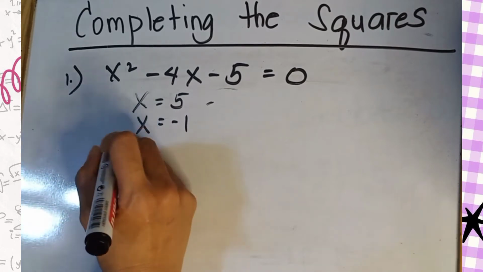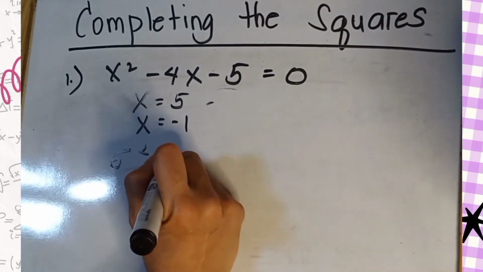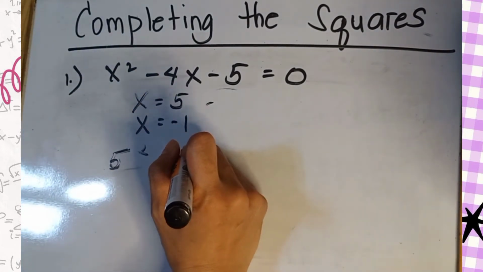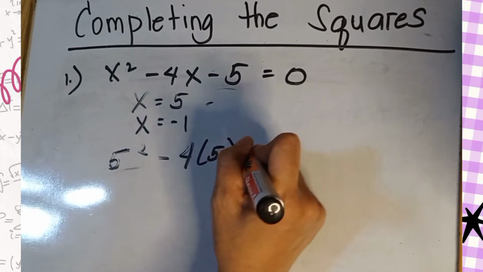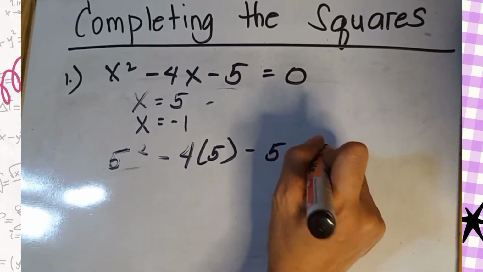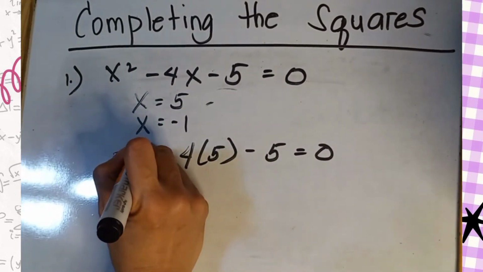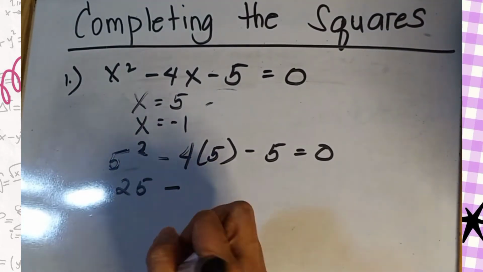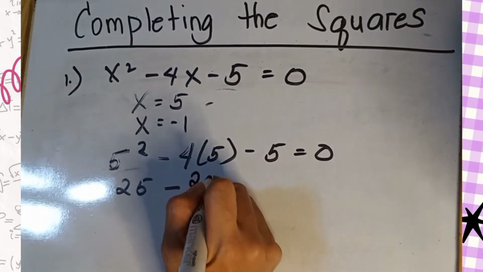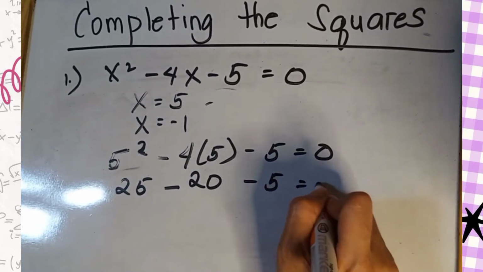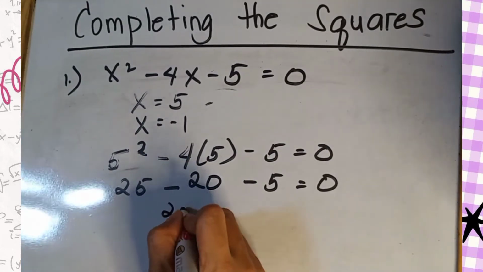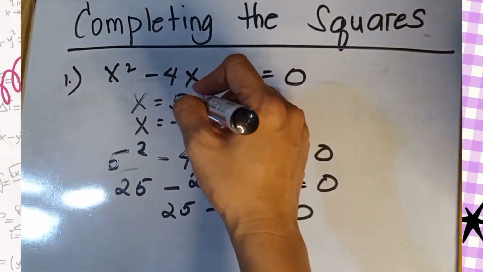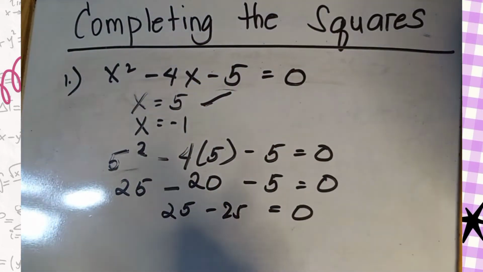So, that is 5 squared minus 4 times 5, minus 5 is equal to 0. Okay? So 5 squared, that is 25, minus 4 times 5, that's 20, minus 5 is equal to 0. So 25 minus 25 is equal to 0. So therefore, x is equal to 5 is correct.